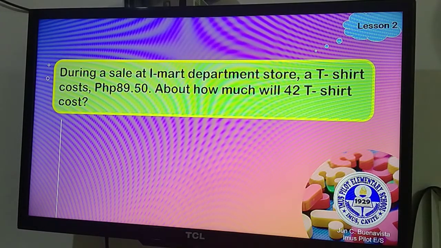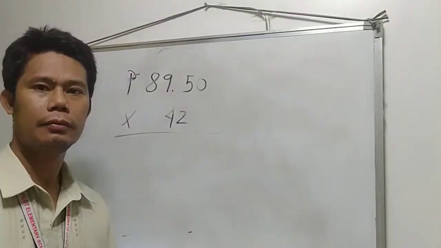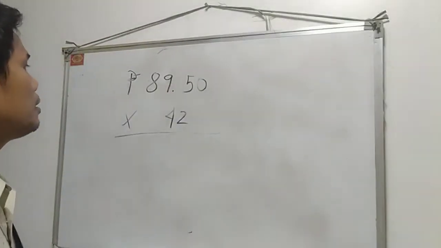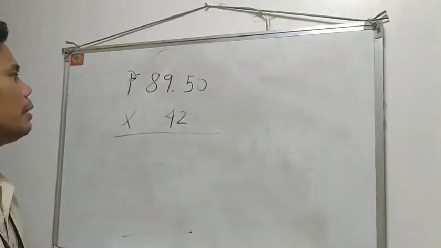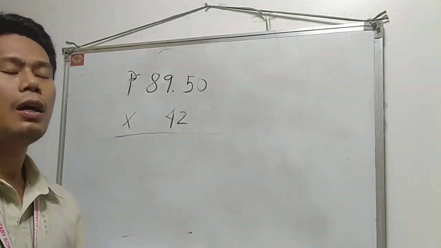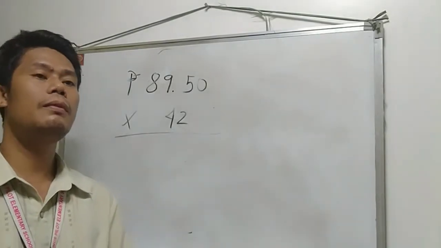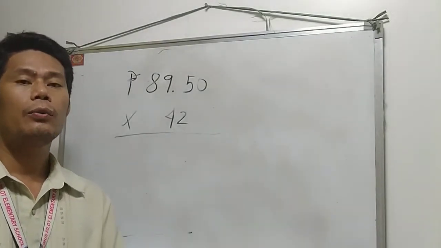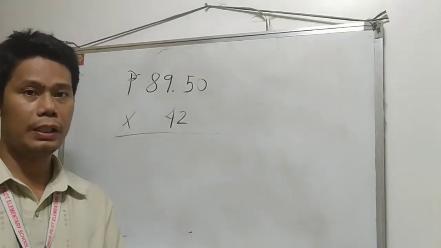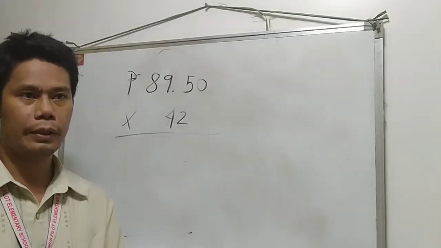Now, how do we estimate the product of a certain number? Okay, so this is now our given. So we have 89 pesos and 50 centavos times 42. Now, we are going to estimate. So in estimating the product of a certain decimal number, we are going to round off the number to the nearest whole number.